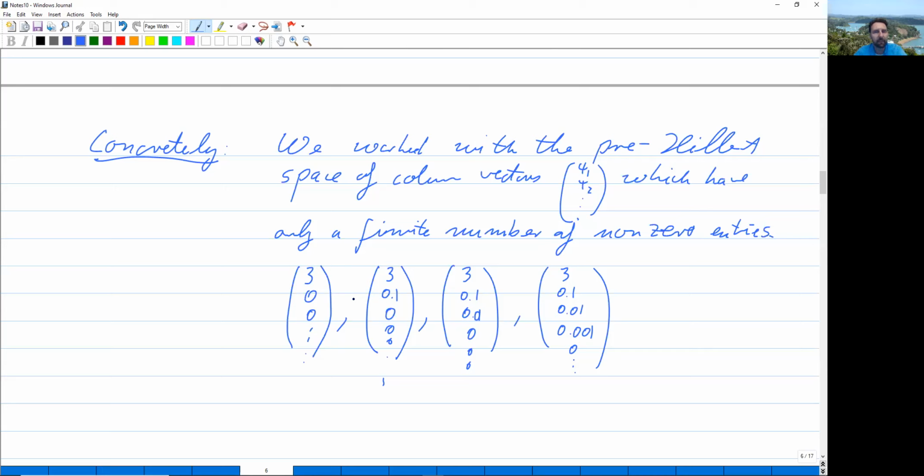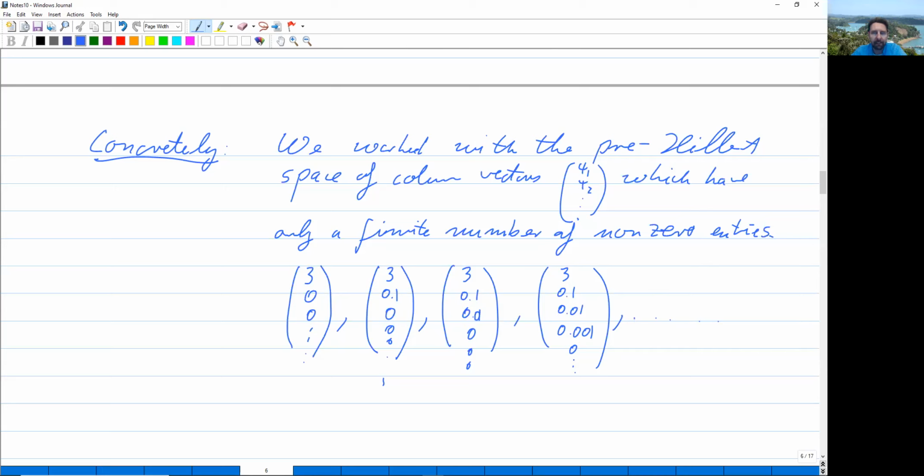You take 0.1 squared. But the distance between this and that vector is only 0.01 squared, and so on. You take the square root of it, right? So as you go on like this forever, you find that this sequence of vectors is a Cauchy sequence. It's a fundamental sequence.